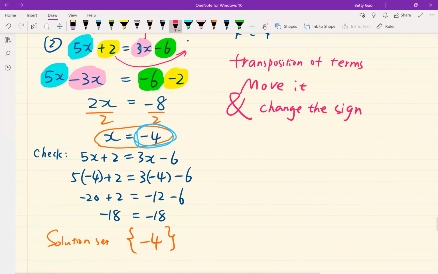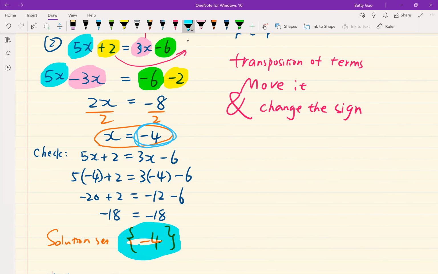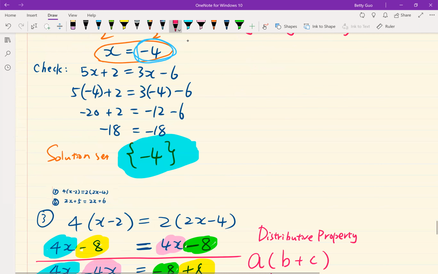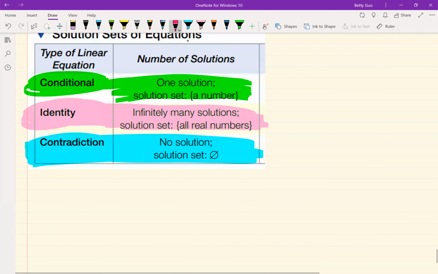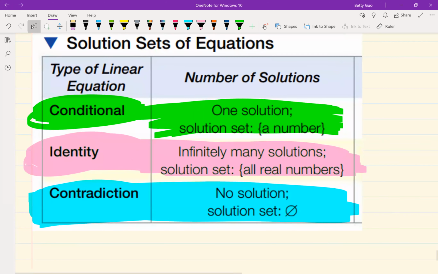Number 2 has a solution set containing one solution only. The original equation is a conditional because that equation is only true as x equals -4. It is not true for any other values. So that's the classification.